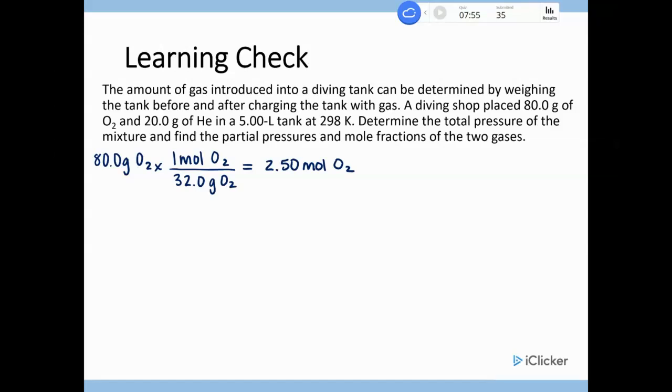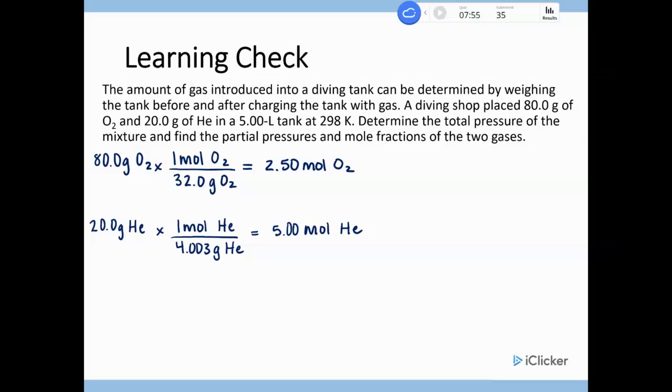Do the same thing for helium. We have 20 grams of helium added. One mole of helium, 4.003 grams. So this is 5. So we have 5 moles of helium, 2.5 moles of oxygen.